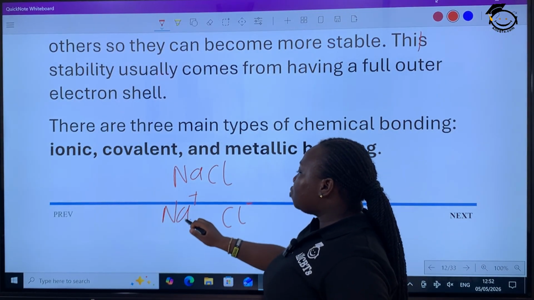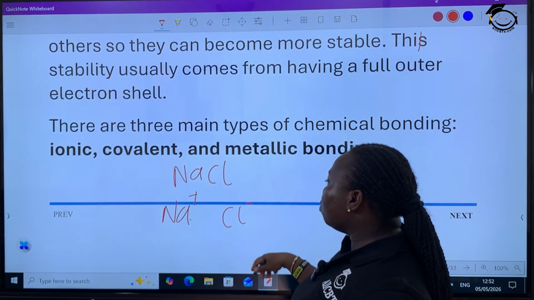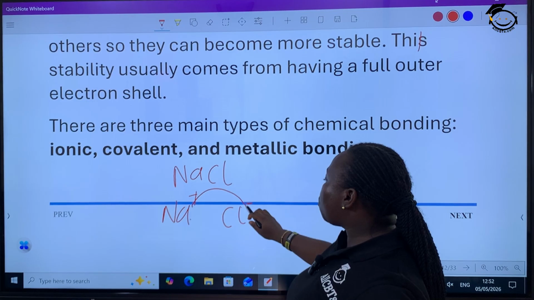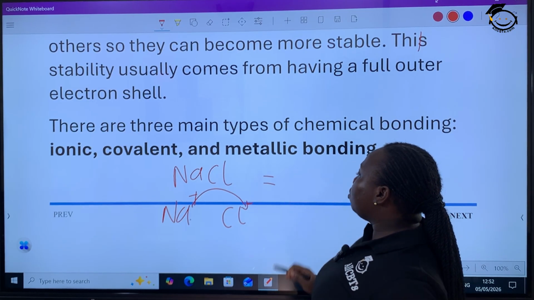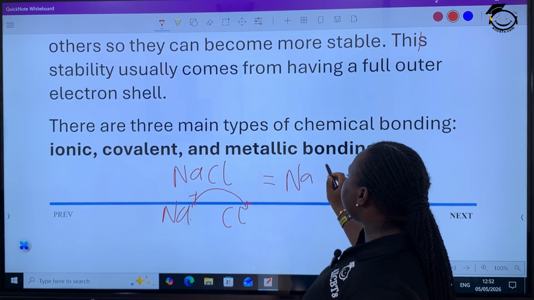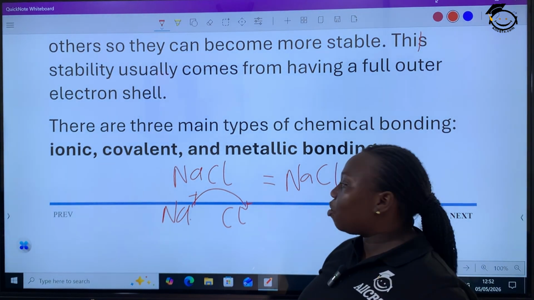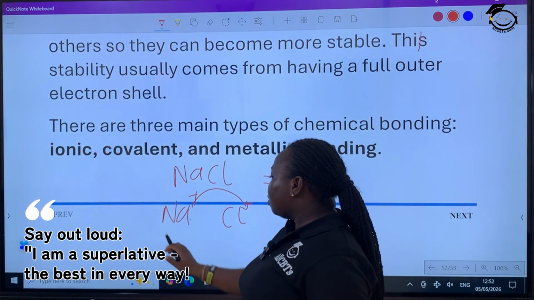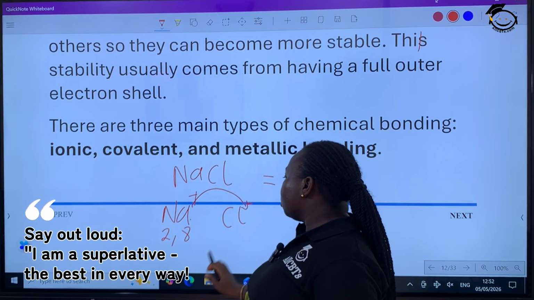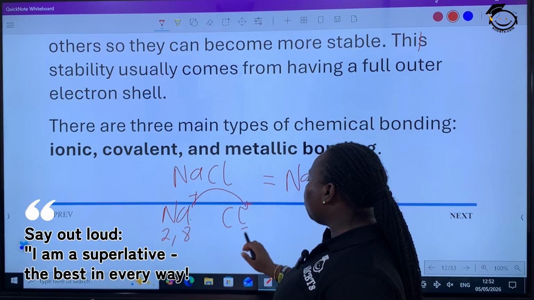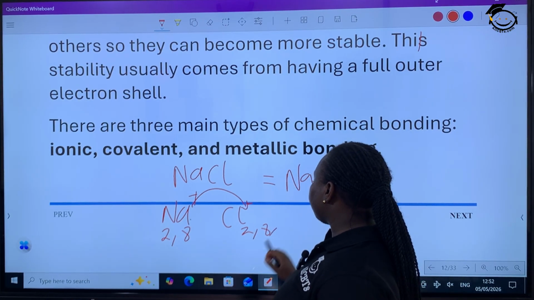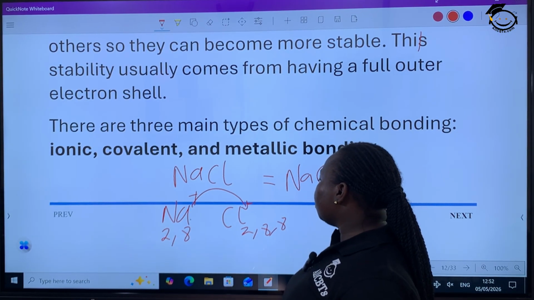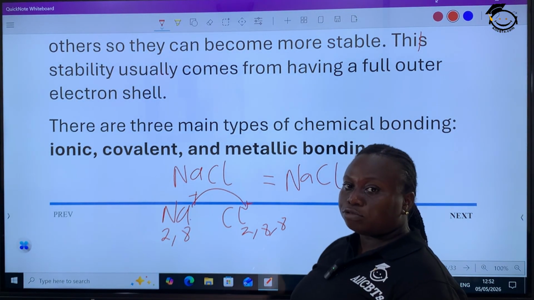Don't forget that this one is ready to give out, this one is ready to gain. So when this one gives this one its electron, it will now be stable and give us the stable NaCl, because now it will attain 2,8. This one also attains its stable 2,8. That is how we can do that.